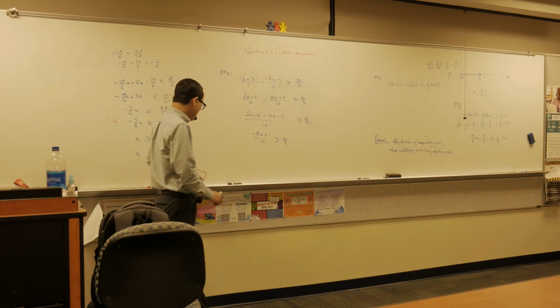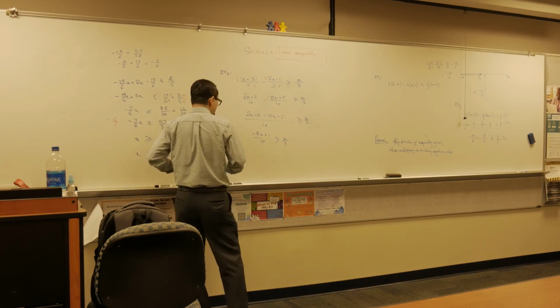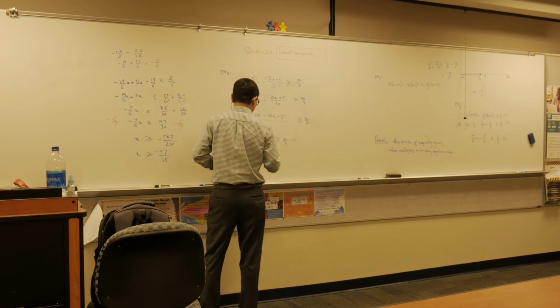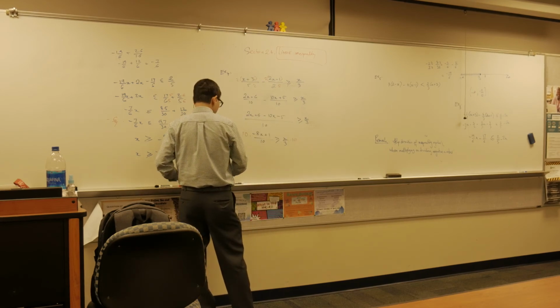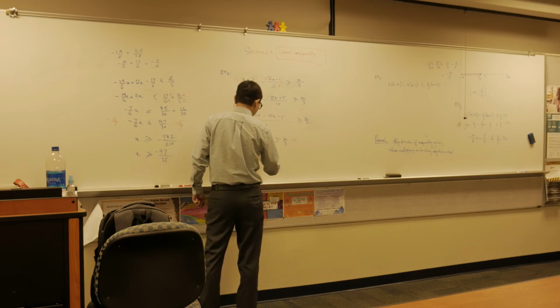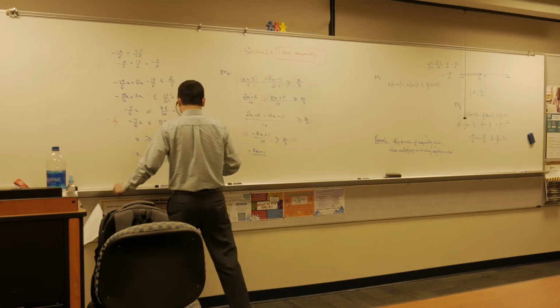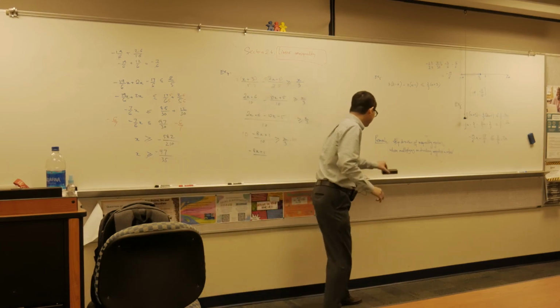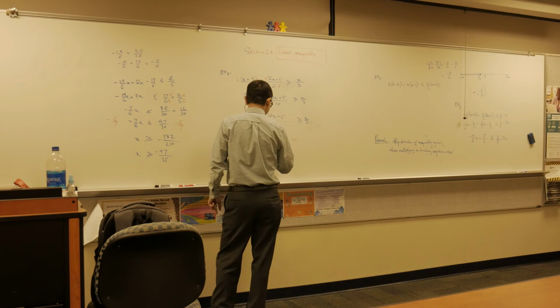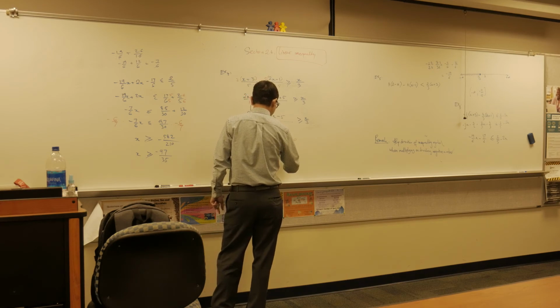Alright, so I'm going to multiply both sides by 10 to get rid of the number 10. Okay, so I get rid of the 10, so I have negative 8x plus 1, oh no, it's not over anymore, because I already got rid of the 10. Greater than, okay, 10x over 3.